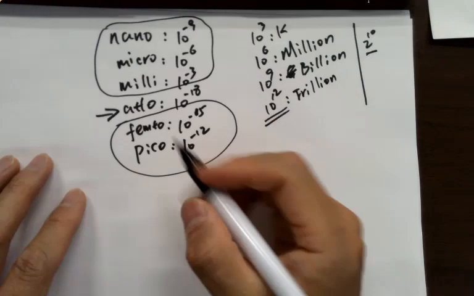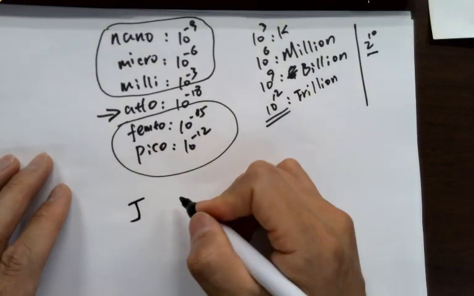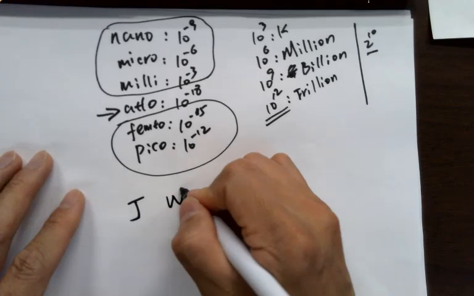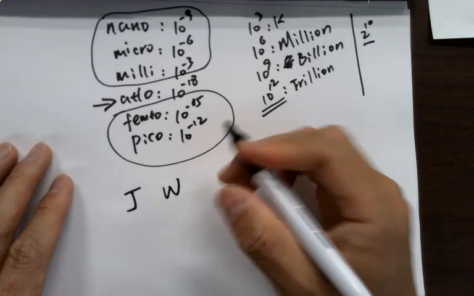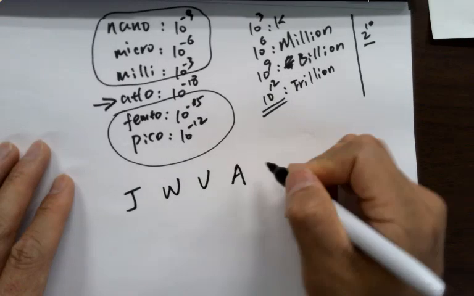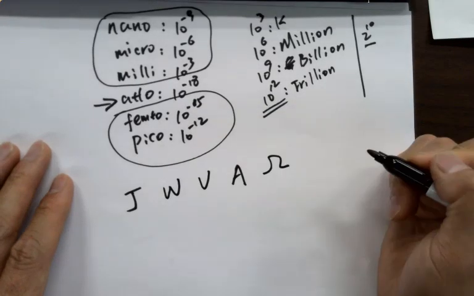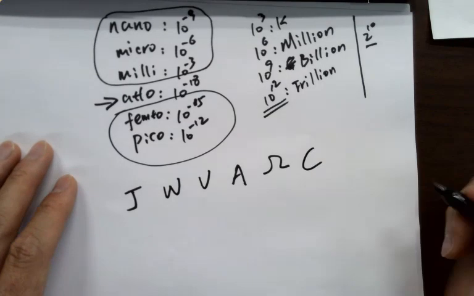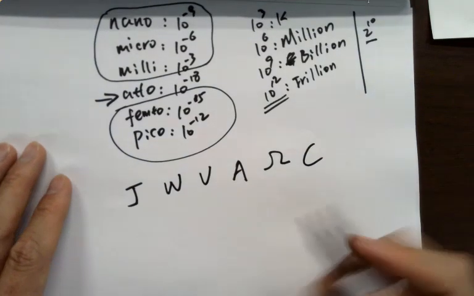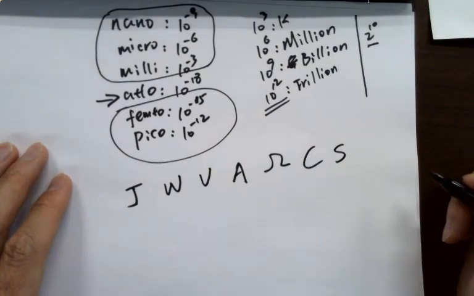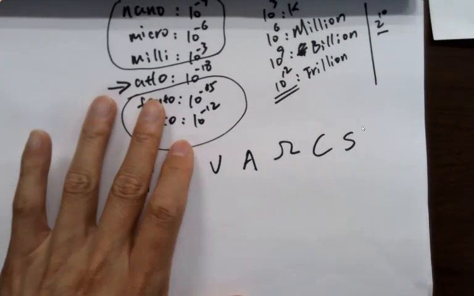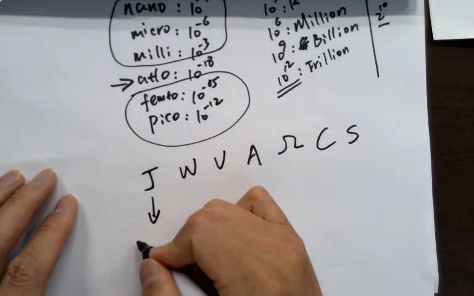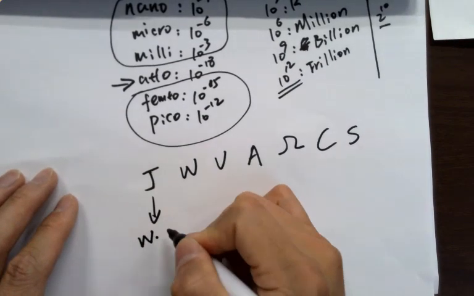And the standard units will be joules for the energy, watts for power, volts for voltage, amps, ohms. Am I missing anything? Coulombs. Seconds. So this one is power times t, right?